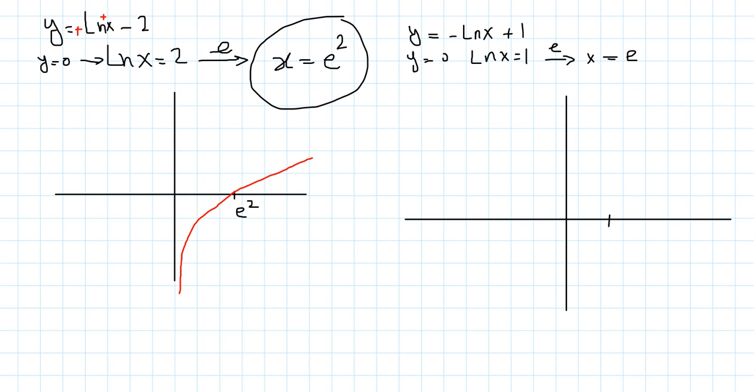E is 2.7, so it is e. And because here y is negative and x is positive, here I should finish it on quarter number 4. So I draw it easily and finish it in quarter number 4.